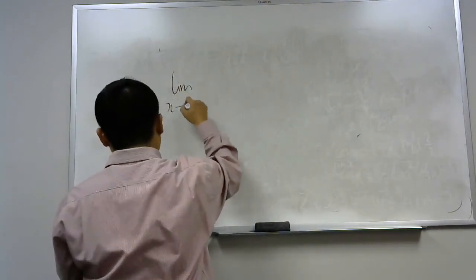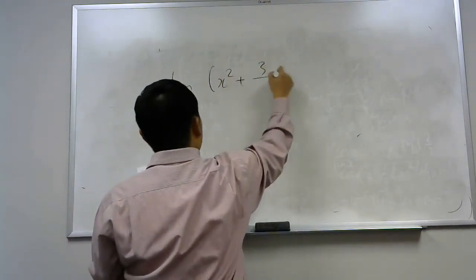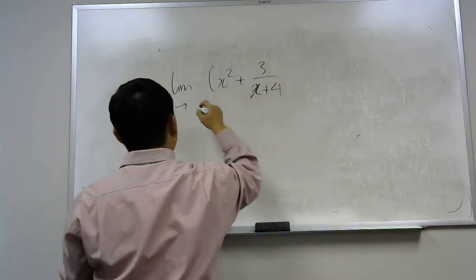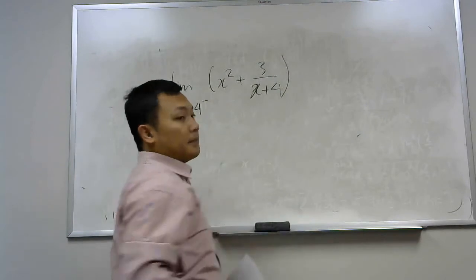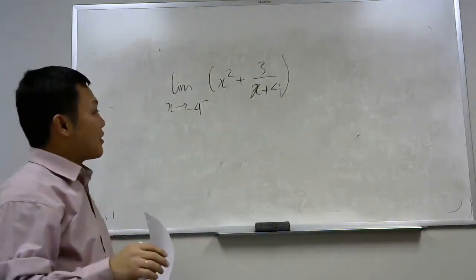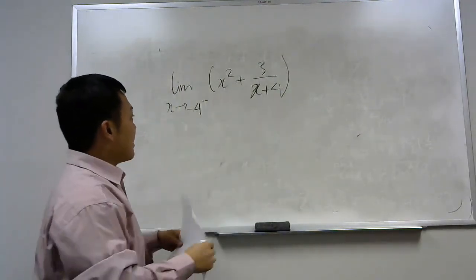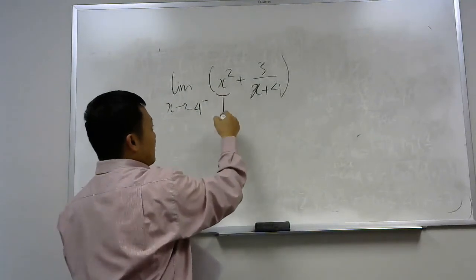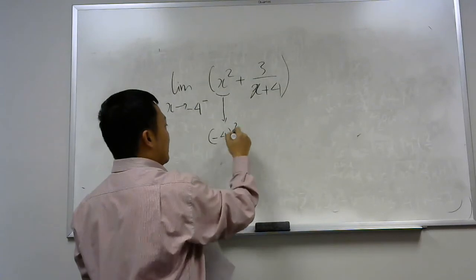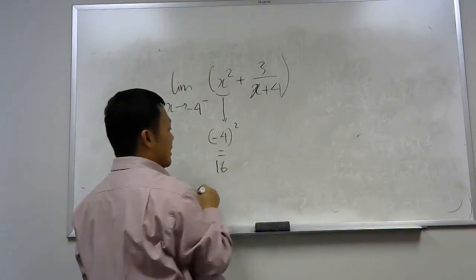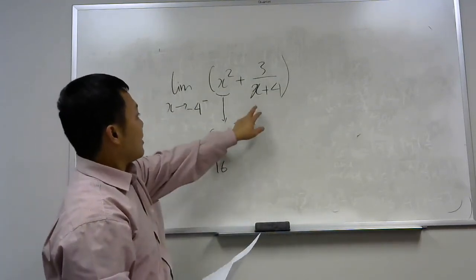Limit of x squared plus 3 over x plus 4 when x goes to negative 4 from the left. So see, in this case, we have a sum of two functions. For the first function, everything is good because when you plug negative 4 into it, you get negative 4 squared, which is 16, right? But how about this?